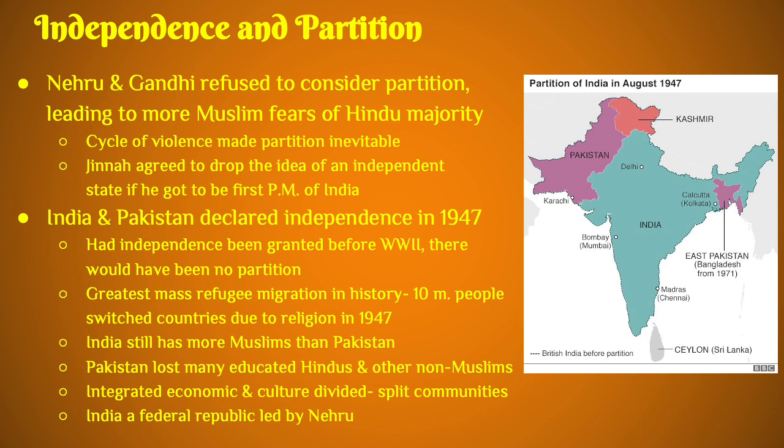But Jinnah showed one more time that this is really ultimately about his ego and his desire for power, because he agreed to drop the whole concept of having an independent Muslim state if he got to be the first prime minister of India. And Nehru and Gandhi were like, yeah, no. And so we get Pakistan as a consequence of that.